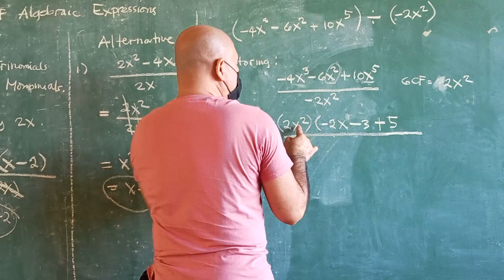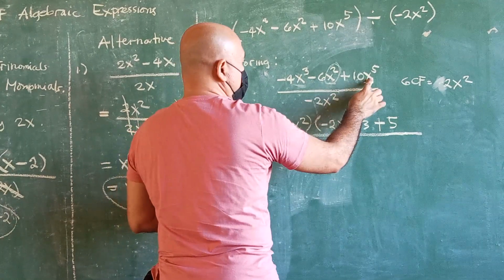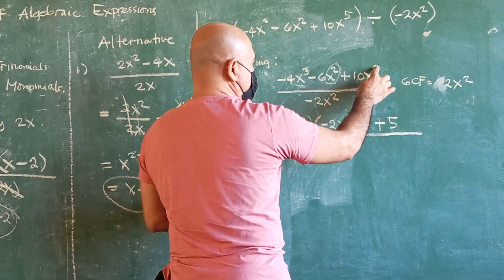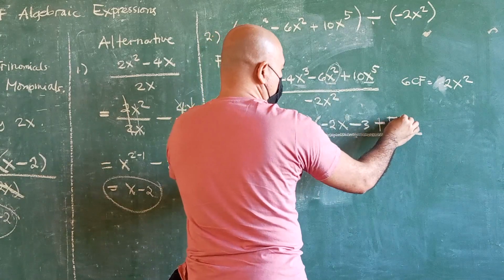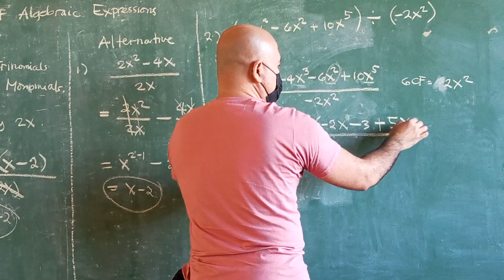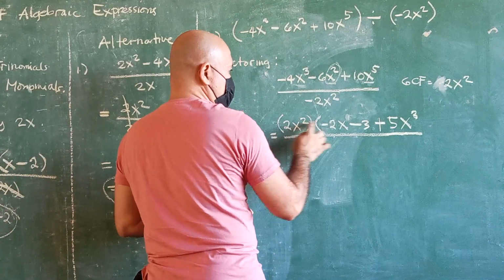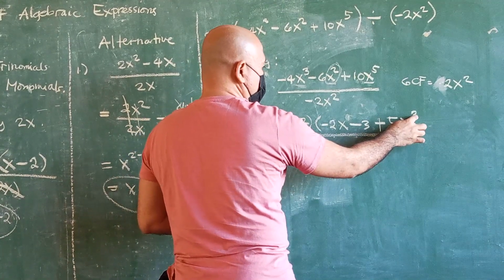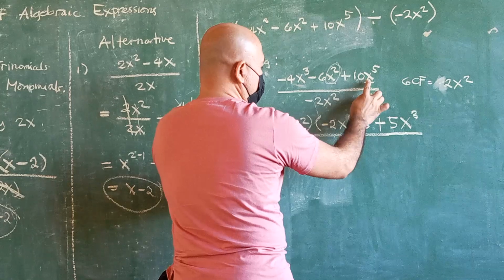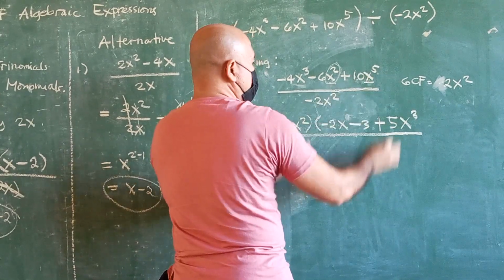And factoring out x squared from x to the power of 5, the remaining variable and exponent is x cubed, so that when you multiply x squared times x cubed, copy the common variable and add their exponents, that is 5.